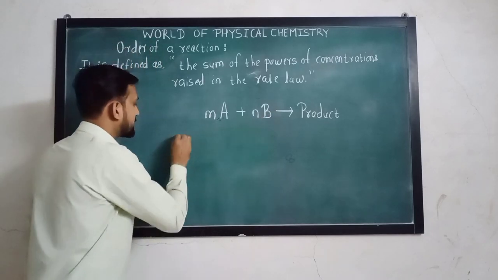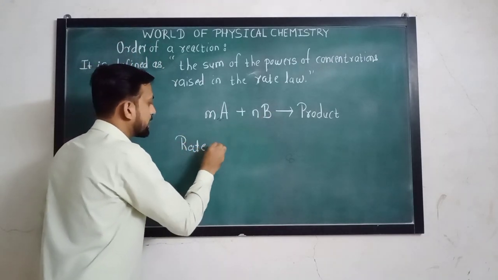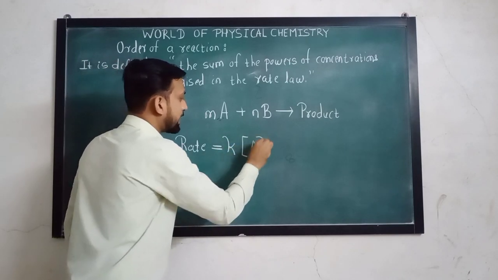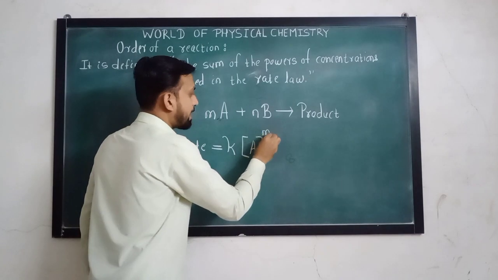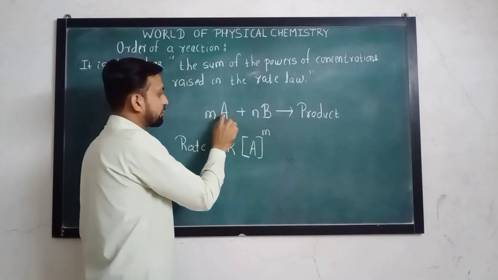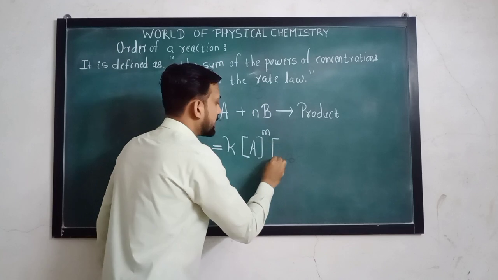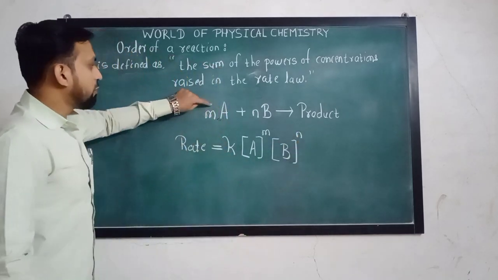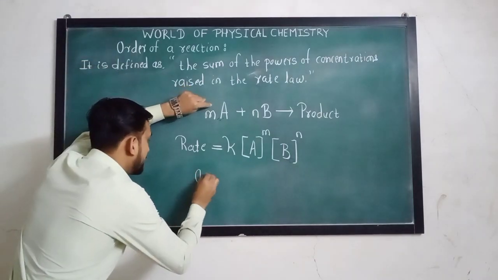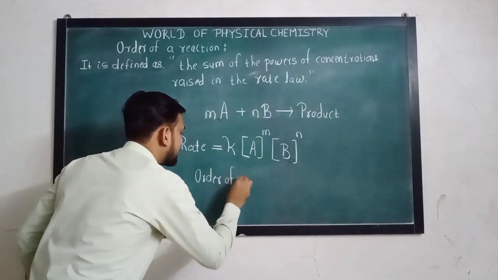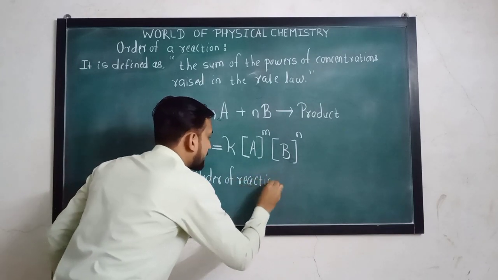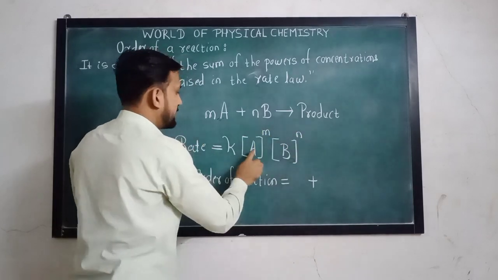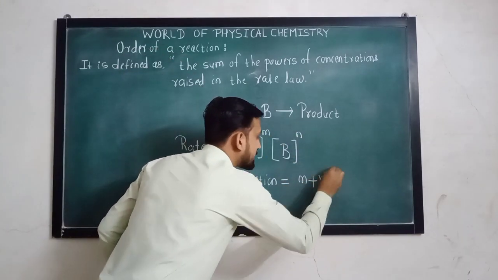For such a reaction we can set up the rate law as the rate is equal to K into concentration of A raised to the power M, into concentration of B raised to N. Therefore for this reaction the order of reaction is the sum of powers of concentration raised in this rate law, that is M plus N.